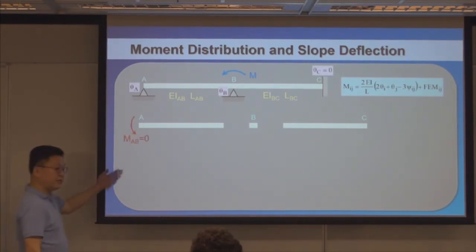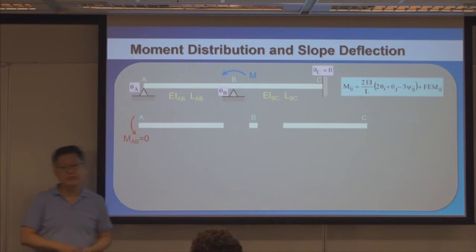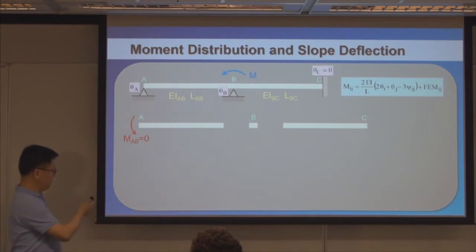So you put down the end moments, MAB, and we follow a particular sign convention. My sign convention is counterclockwise positive. So for bending moment MAB, it turns out this is a moment-free end, so MAB should be equal to 0. Here you go, that's the first equilibrium condition that you can use.